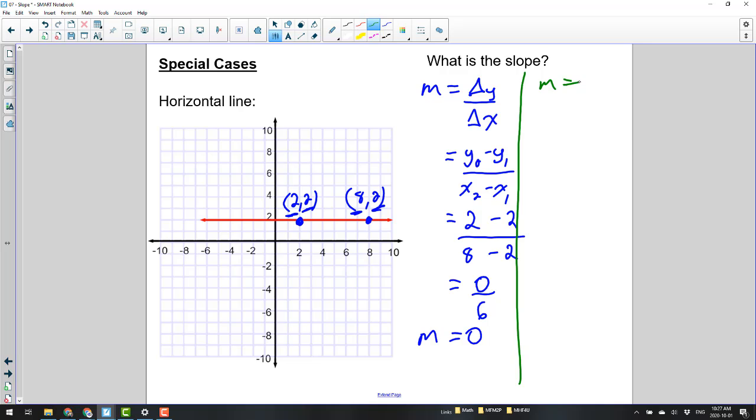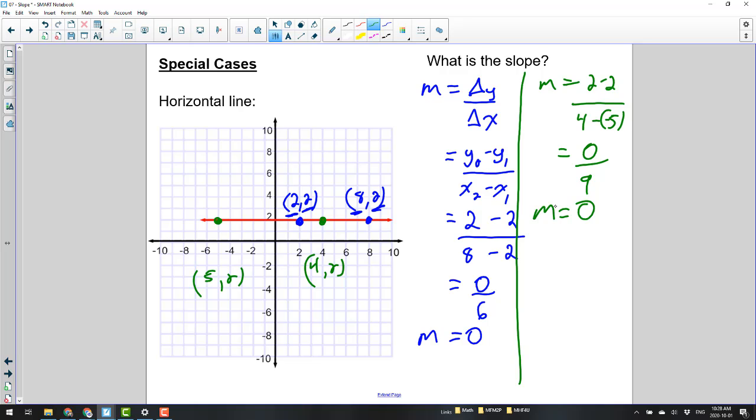What if I chose, let's say, this point, which is the point (-5, 2), and this point over here, which is the point (4, 2)? Well, when I do my slope here, I'm going to do 2 minus 2 over 4 minus negative 5, which is going to be 0 over 9, which is 0.